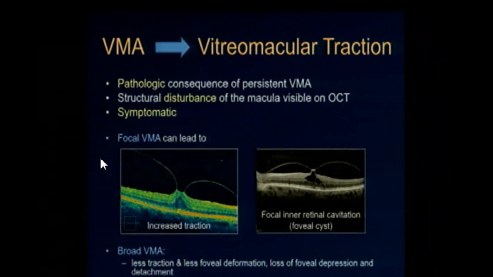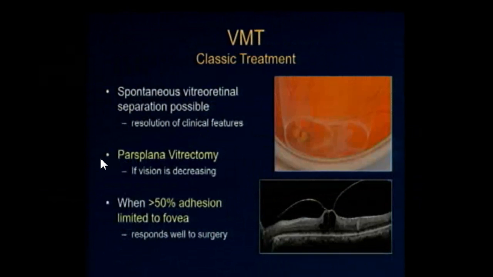Now, a focal VMA can just give you increased traction, and this traction can give you splitting of the retinal tissue, giving you this foveal cyst, okay, which can unroof, giving you a lamellar hole, right? Or you can have a much broader vitreomacular traction. In this case, you don't have so much foveal deformation, but the whole macula starts to become corrugated and lifted.